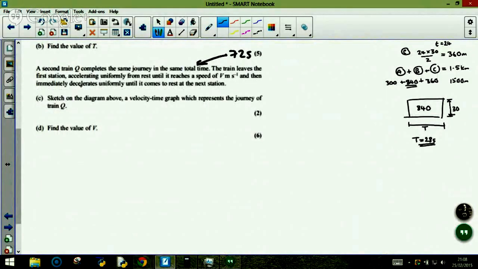The train leaves the first station, accelerating uniformly from rest until it reaches a speed of v, and then immediately decelerates uniformly to come to rest at the next station.